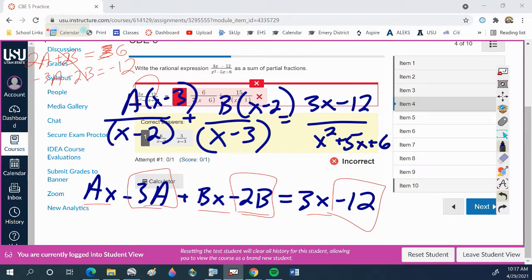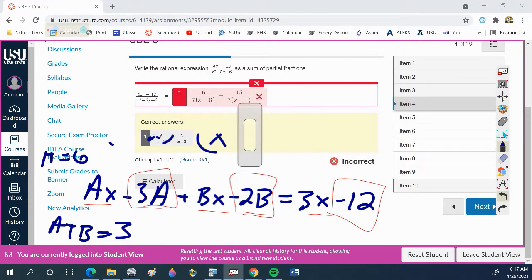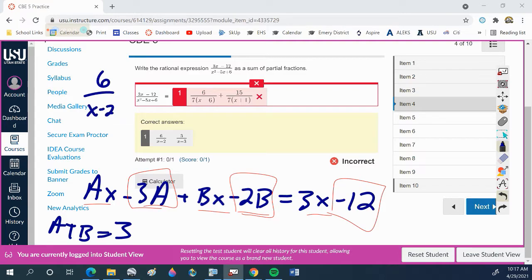And 2a minus 3a is negative a. 6 minus 12 is negative 6. So a is 6. Yeah, I like that number. And we know that a plus b equals 3, so b would have to be negative 3. Does anybody have this same problem? So the answer is 6 over x minus 2, and then minus 3 over x minus 3.